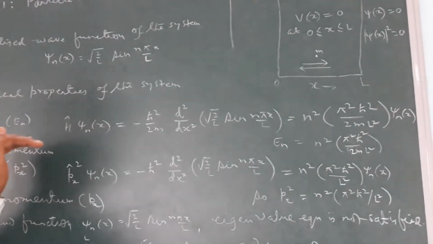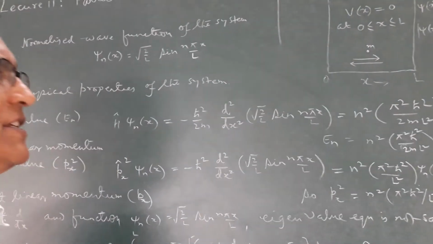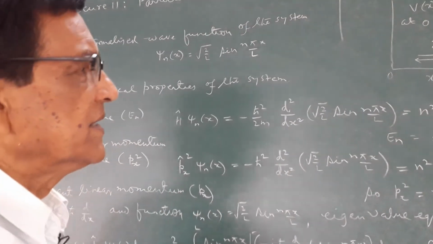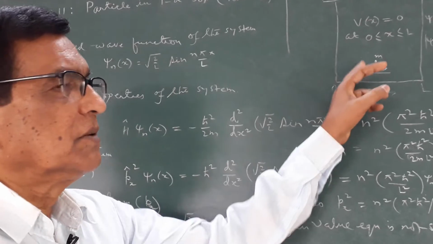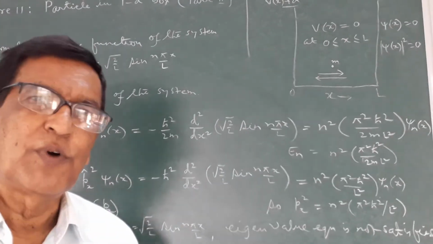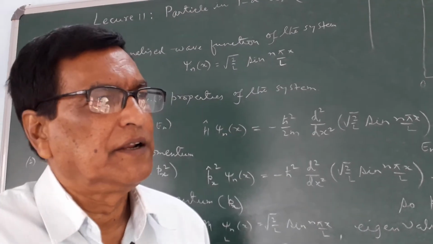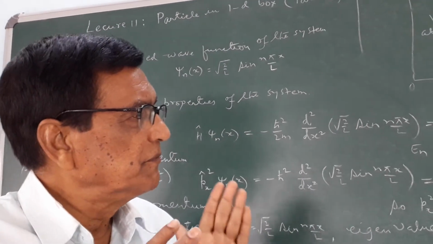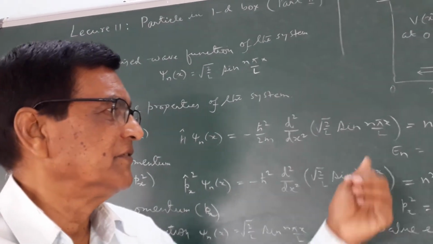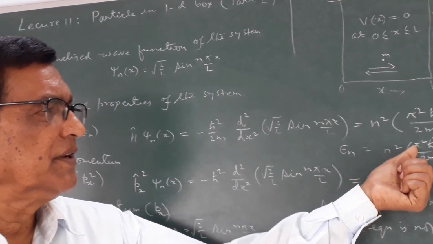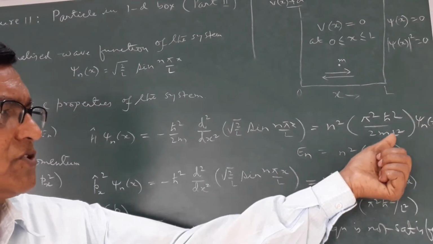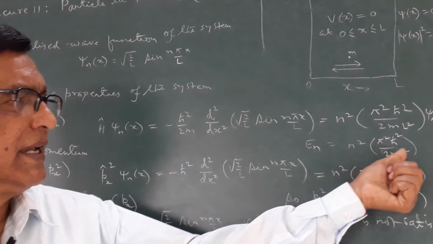So the eigenvalue equation is fully satisfied, and the energy of this particle in the 1D box is exact and very precise, and this value is n square pi square h cross square divided by 2 m l square.